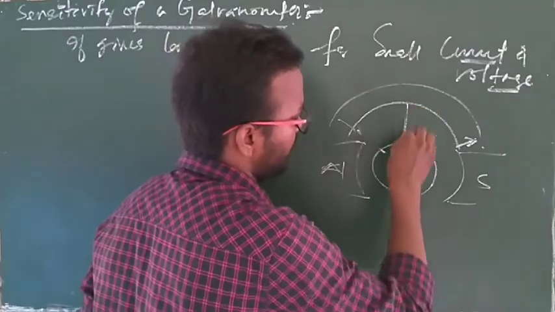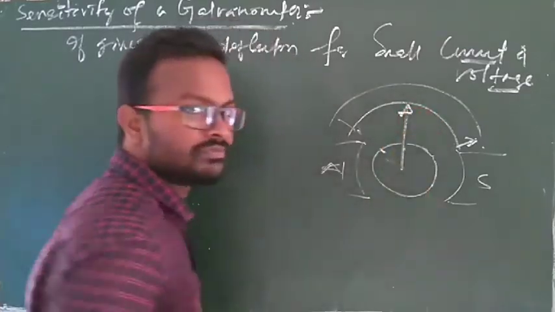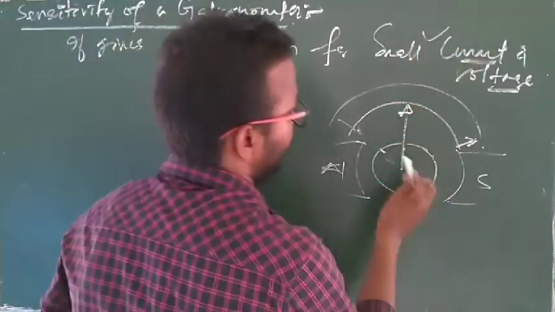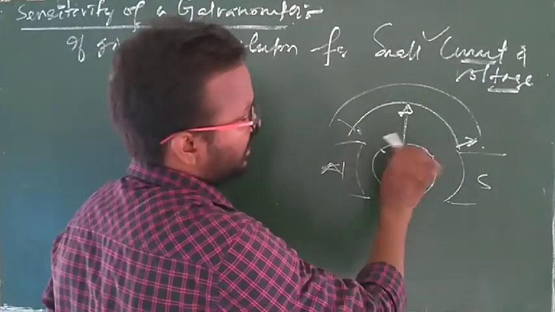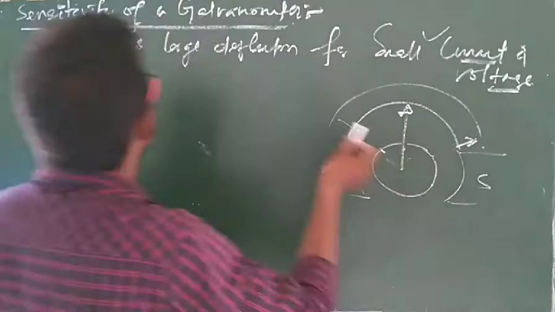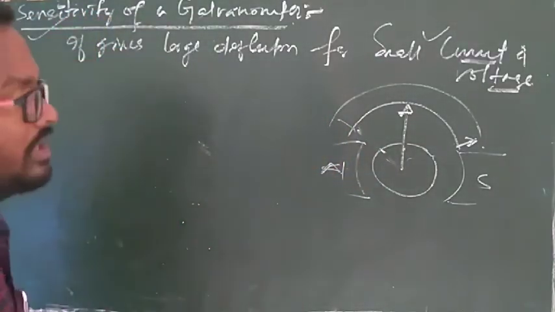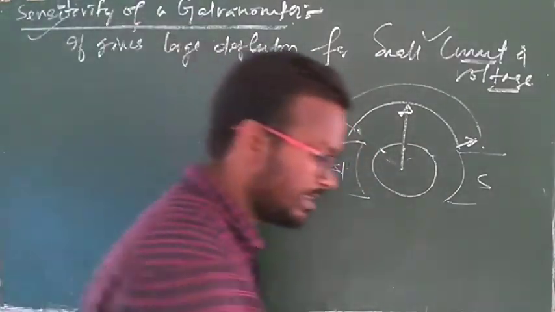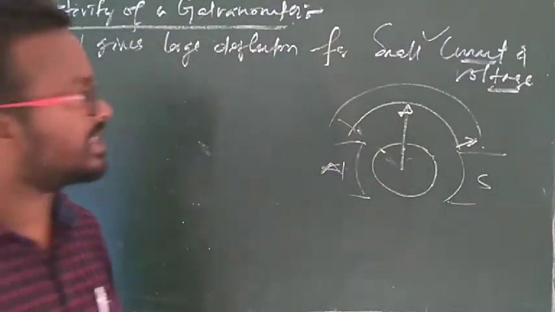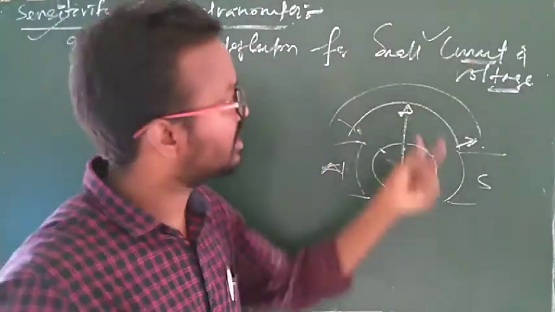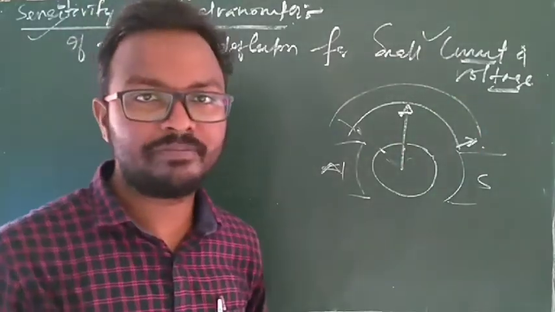Suppose this is the 0 reading. For a small current, the deflection will be very large. For a small voltage, the deflection is very large. So that's why the galvanometer is known for its sensitivity: it is very sensitive to a small amount of voltage or current flowing through the coil.